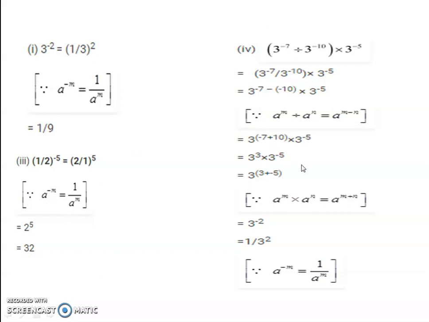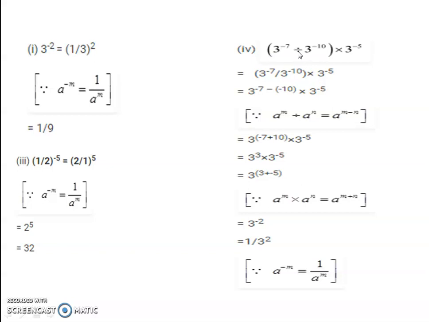Now you have the laws of exponents based questions. Here you have all the bases same. So first we are doing the things which is given in the bracket. That is 3 raised to negative 7 divided by 3 raised to negative 10. Here you are applying the quotient rule. Why?